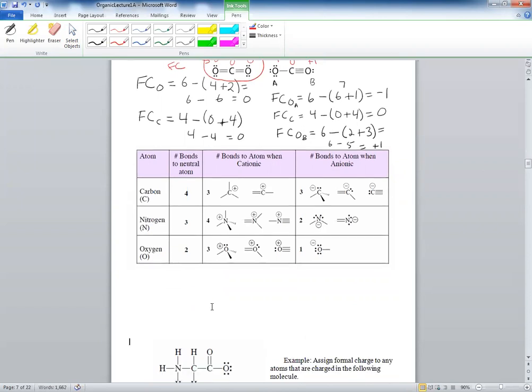The other method is the following: you go back to HONC, 1, 2, 3, 4.